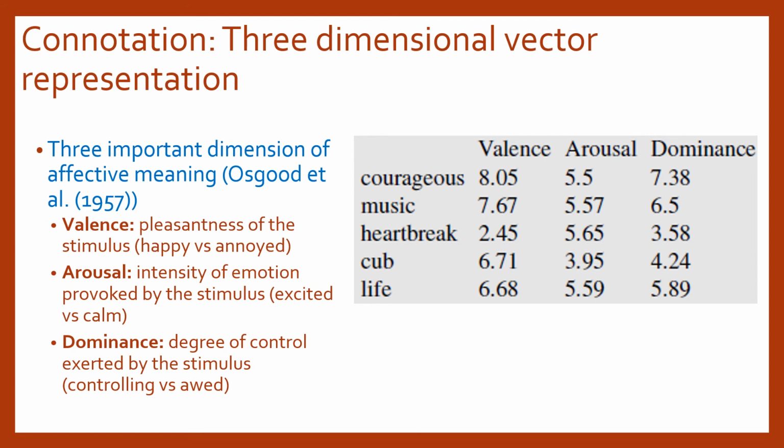Based on this idea, linguists tried to put each of the words onto these three dimensions of valence, arousal, and dominance. They put numbers on a scale of 0 to 10 to reflect that, and from there you can look at the connotations associated with each word.